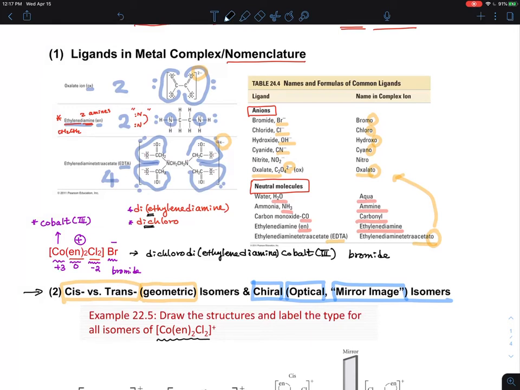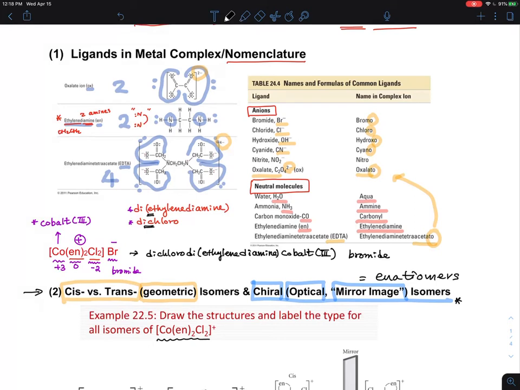Also, there's a student who asked me about enantiomer. It's the same meaning. Enantiomer, and this all has the same meaning as something that has an optical activity, although they have essentially the same bonding. I think I explained this in the Chem 1 class.